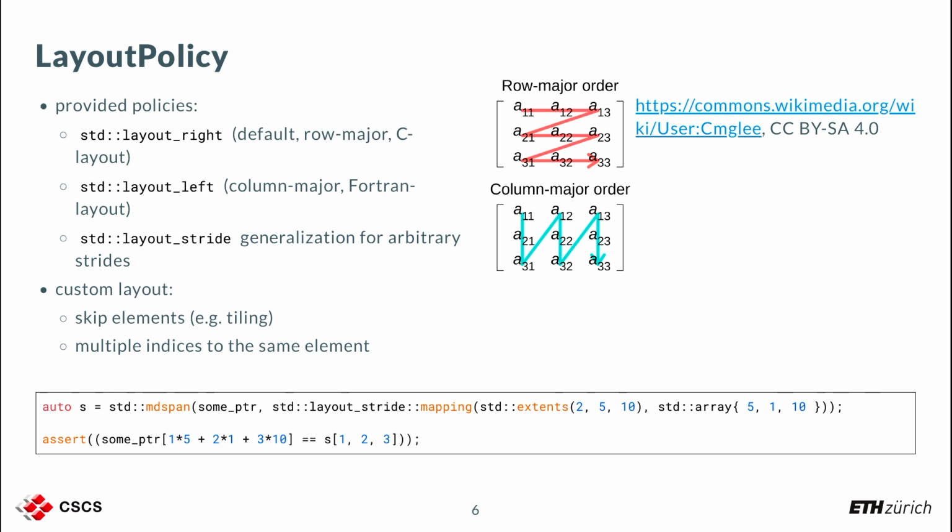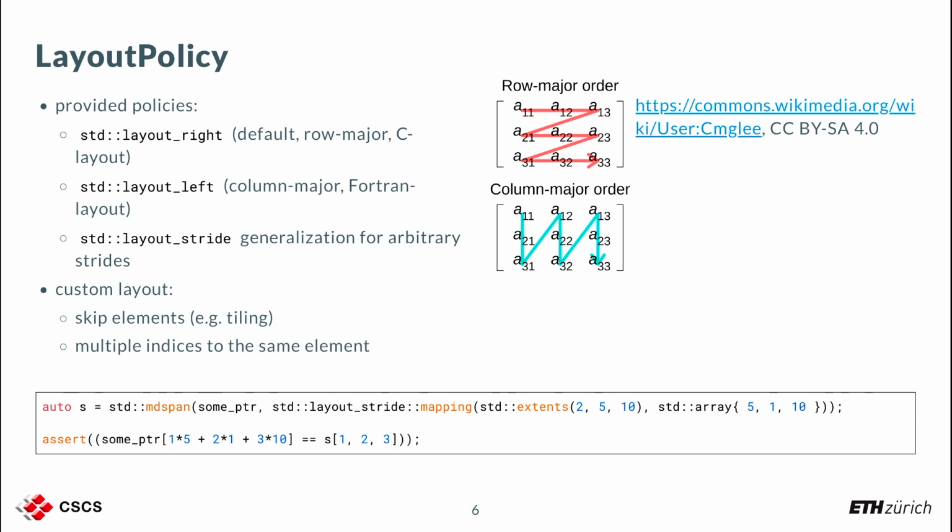And then you have other policies provided. Layout left, simple, right? Column major or Fortran layout. You go like this. So the first index is increased if you go in memory order through your matrix here. And then you have layout stride, which is a generalization where basically you can provide the strides that you want.